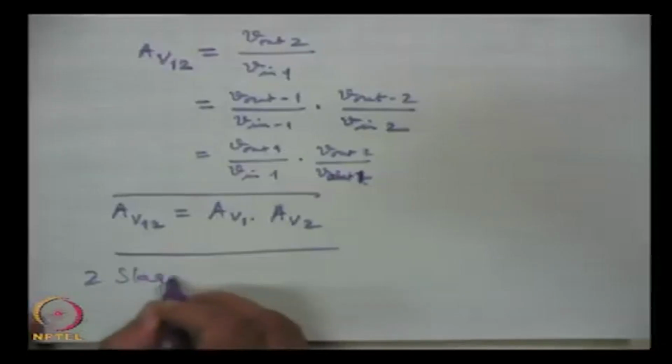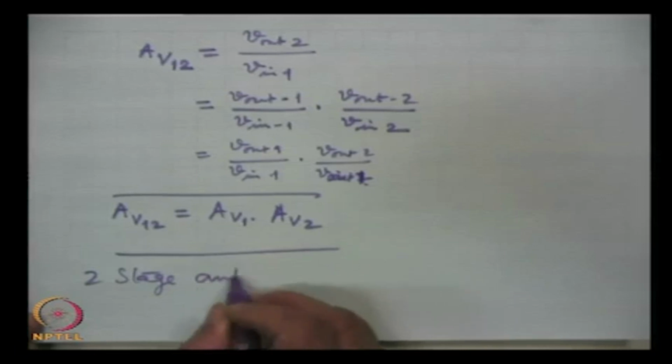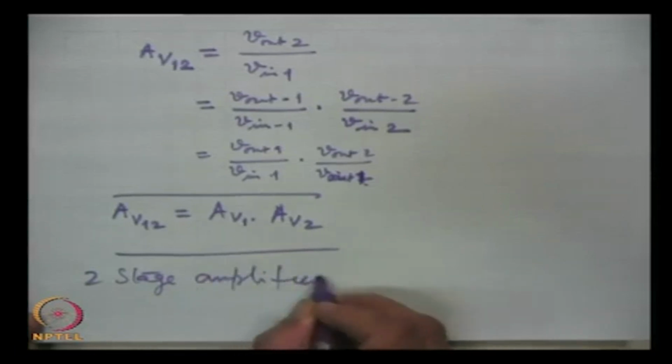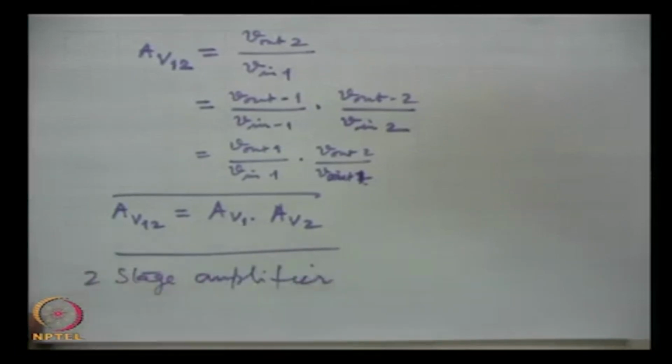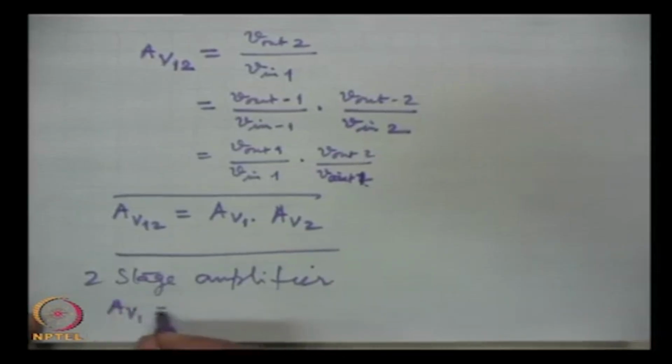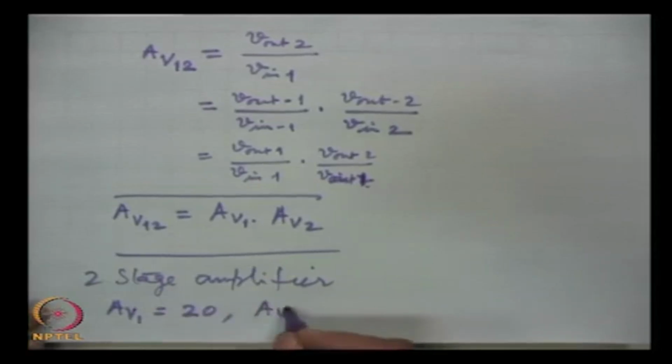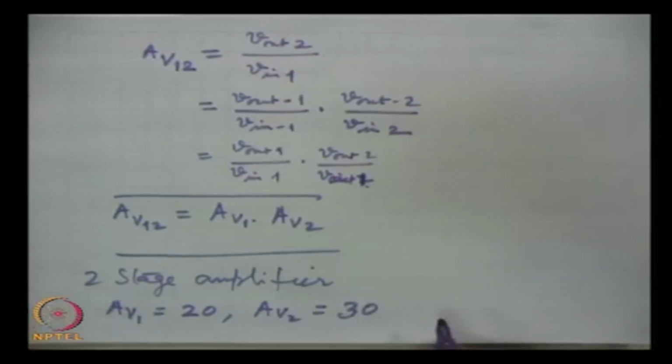Let us take an example, that in a two stage amplifier, let A V 1 be equal to 20 and A V 2 be equal to 30. They may be identical or they may be different. So, I have taken 20 and 30.